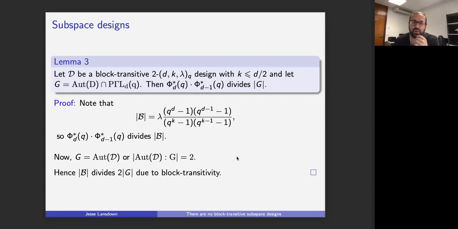But recall that each of these has to be odd. So we're co-prime to the 2, so we must divide G. So there we go, we've connected the parameters and the prime divisors to the order of a potential automorphism group.